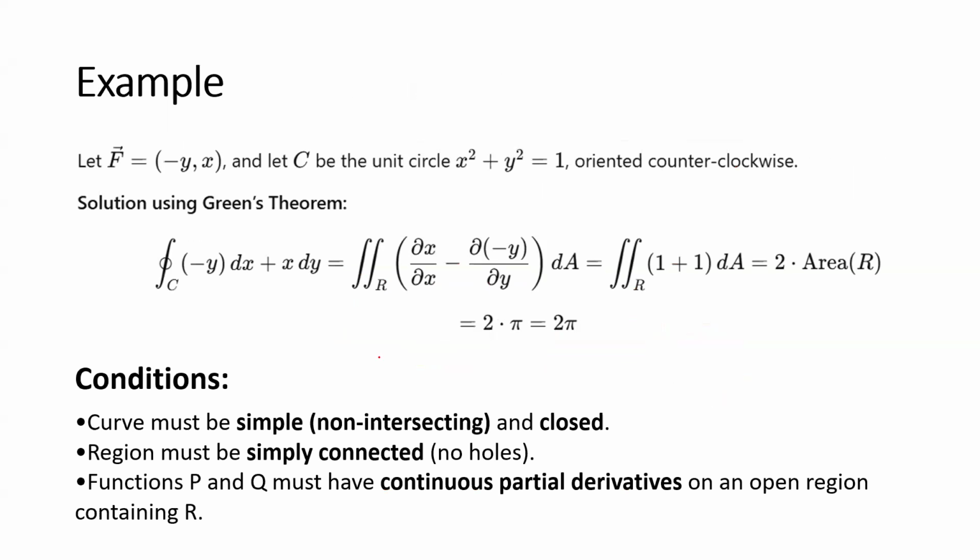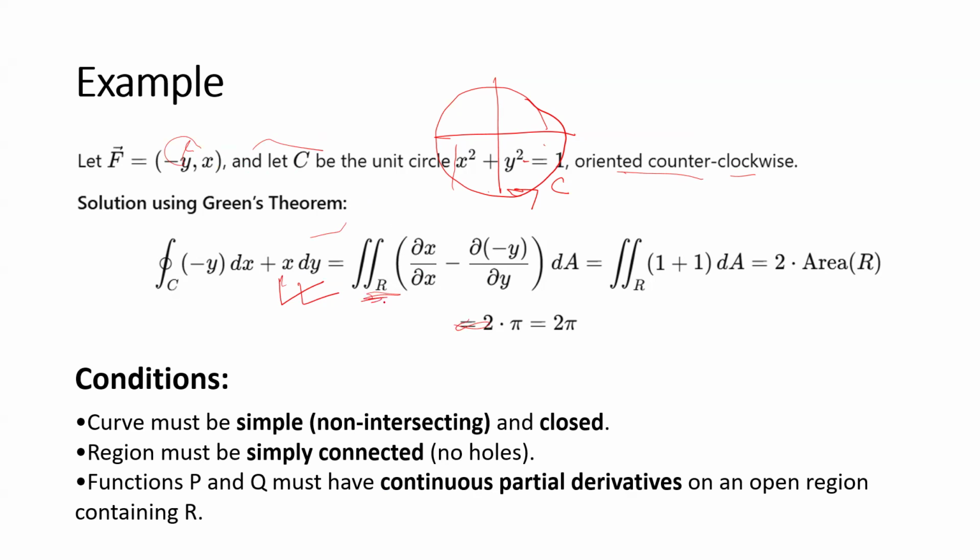Let's go to an example to make our concept clearer. Let F be given by (minus y, x) and let C be the unit circle, with unit radius, oriented in the counterclockwise direction. From Green's theorem we can write the equation.